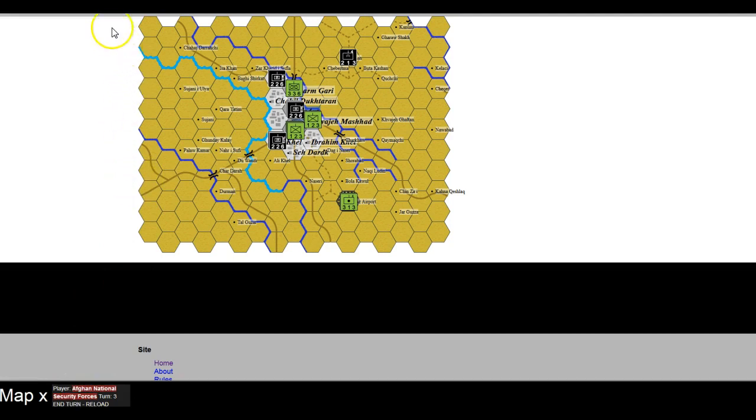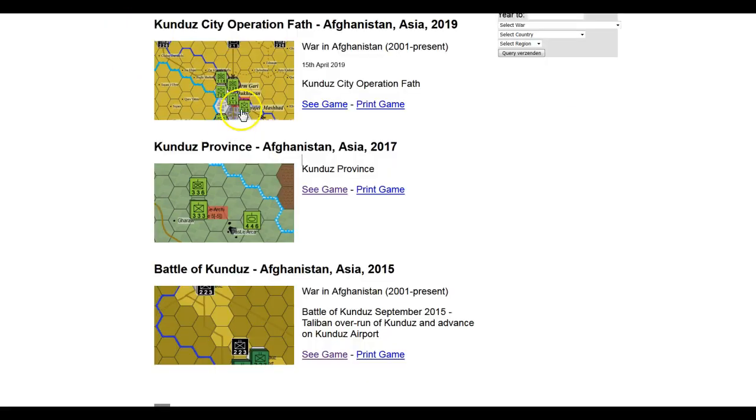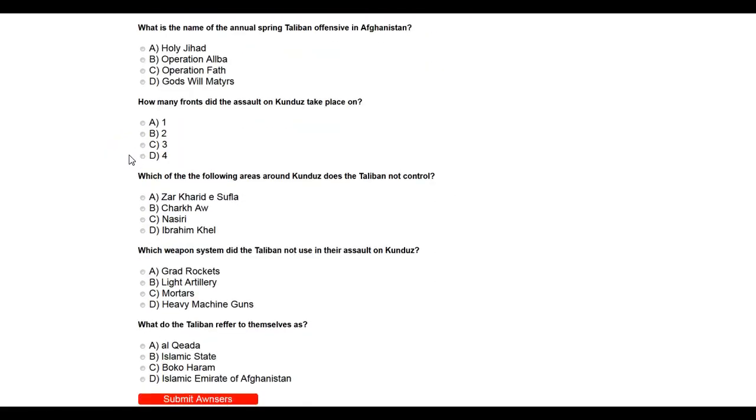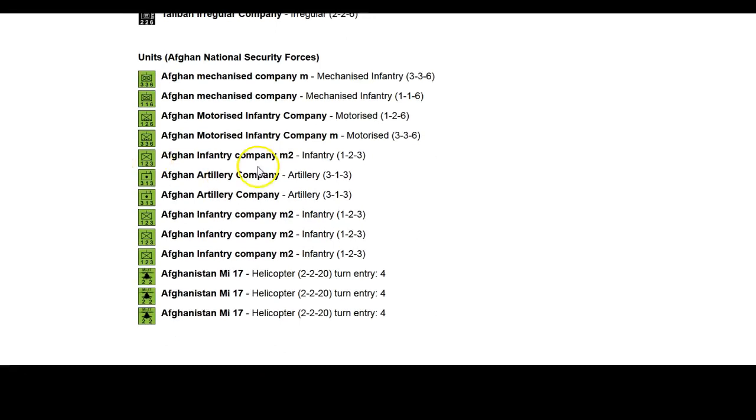Okay, let's cheat a little and have a look at the reinforcement schedule. Oh, look. I shouldn't have cheated. I feel bad now. They get their helicopters, but they don't get any reinforcements at all.